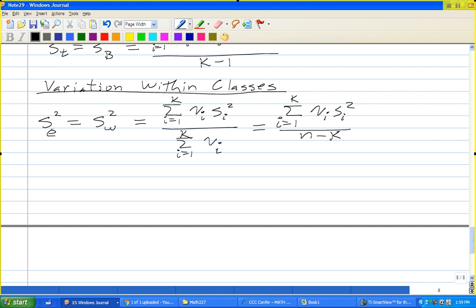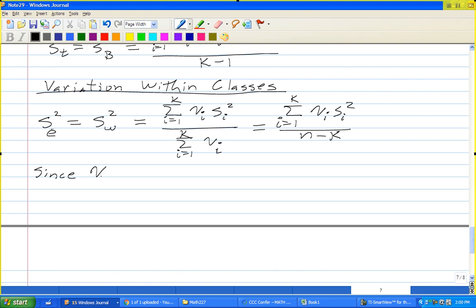Actually maybe I'll show that here. Obviously for treatment that's obvious because there's k categories, so degree of freedom is k minus 1.